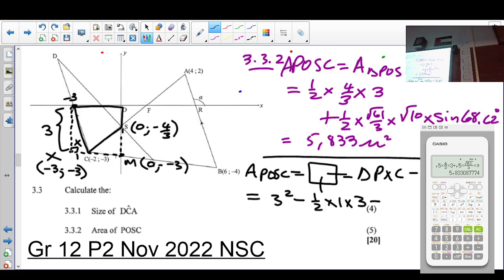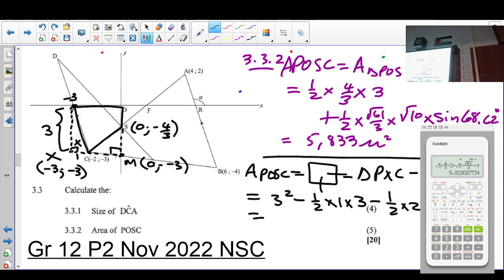minus, this is also a right angle triangle here. So it will be half, my base is 2, my perpendicular height, what is 3 minus 4 over 3? Just check there. 3 minus 4 over 3. Somebody? 5 over 3.